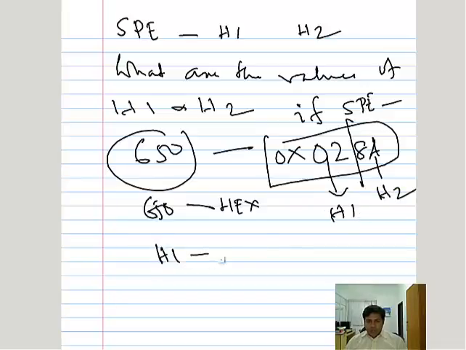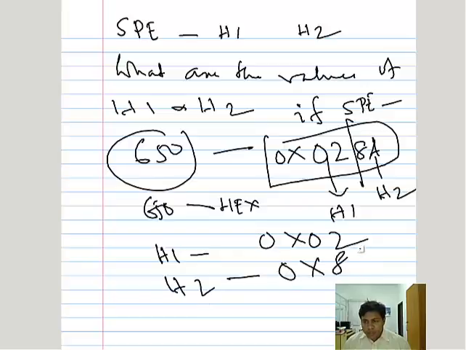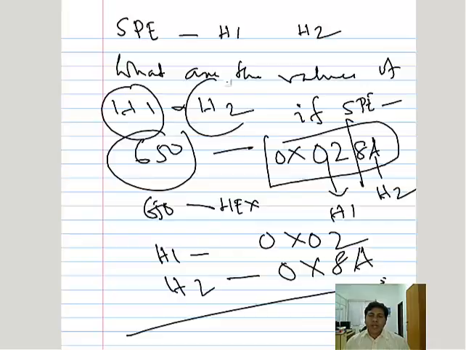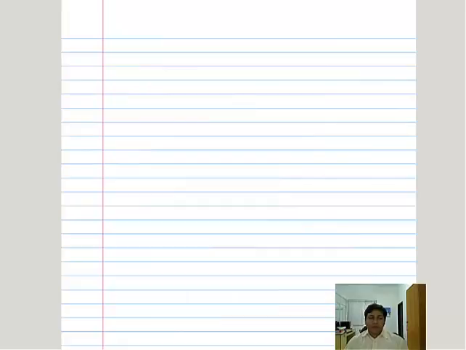So H1 is written as 0x02, and H2 is written as 0x8A. In the reverse way, if H1 and H2 are given, then we can identify or calculate the SONET header and the value of the pointer subsequently.